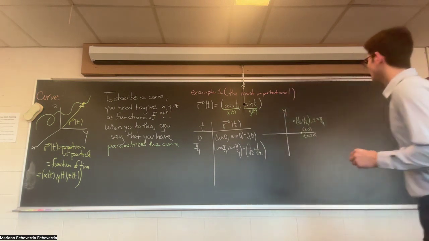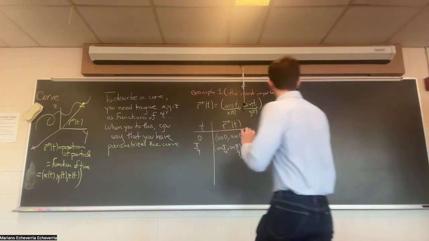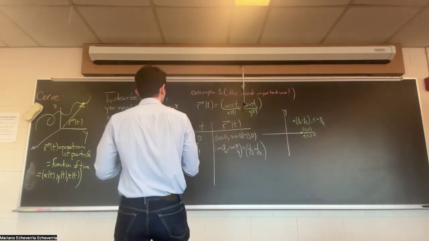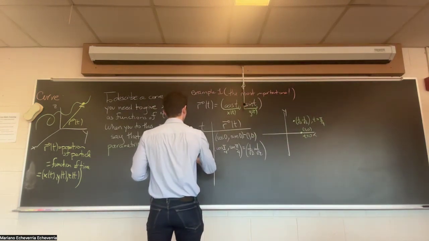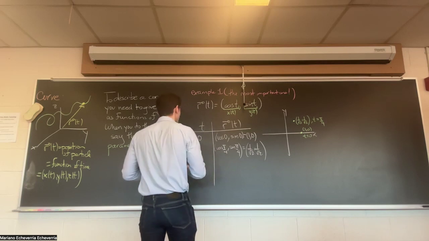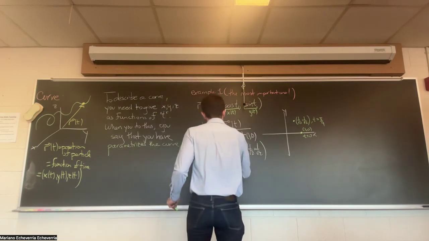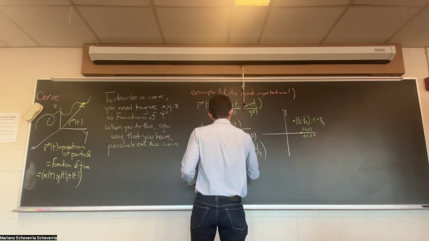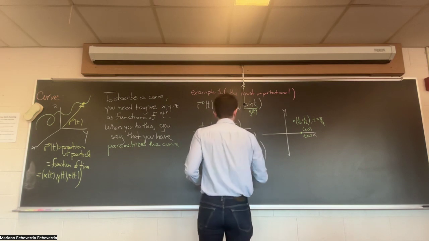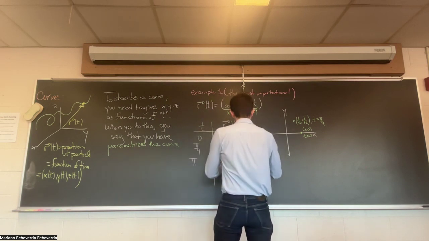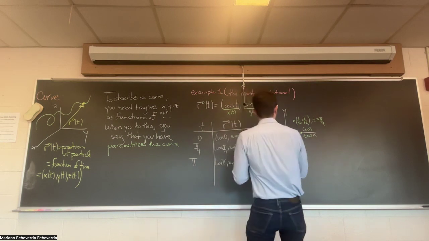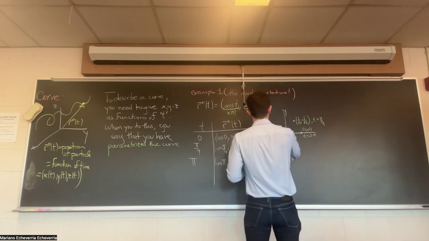And then just two more values, because hopefully you're seeing where this is going. If you put t equal to pi, you get cosine of pi, sine of pi. So that is negative 1 comma 0. This is where you are at time pi.